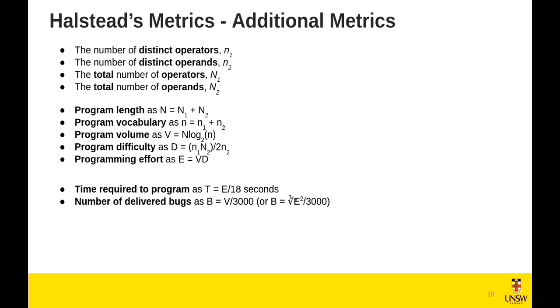We can use a cube root of E to the power of 2 divided by 3,000. And as long as the actual bugs of the implementation is lower than this expected number of bugs, then the program is considered as quite acceptable. So the quality of the program is considered as good.